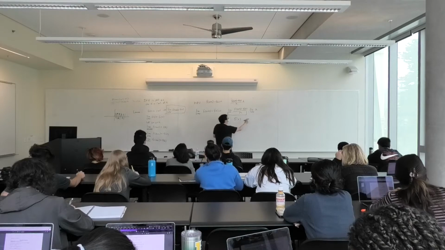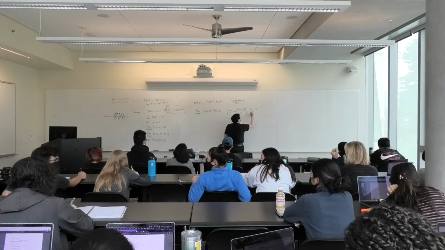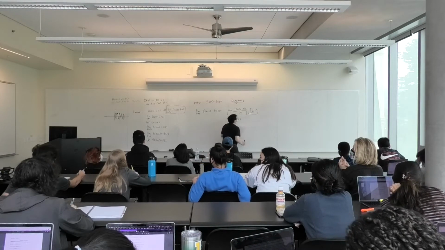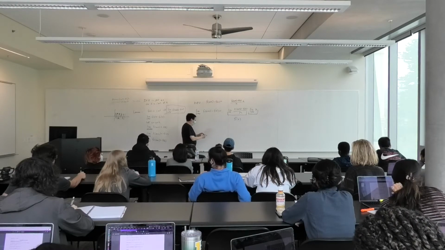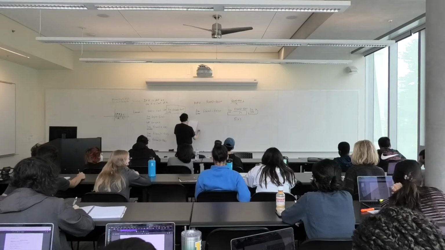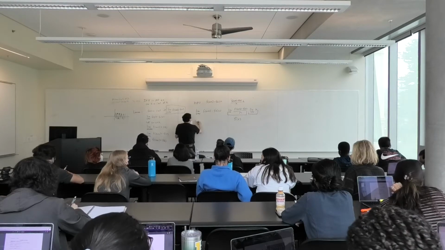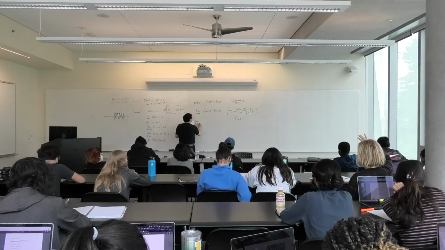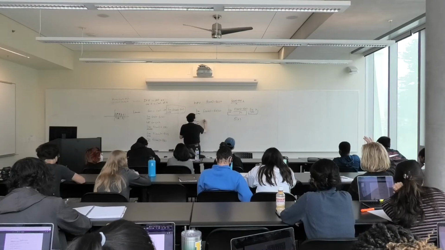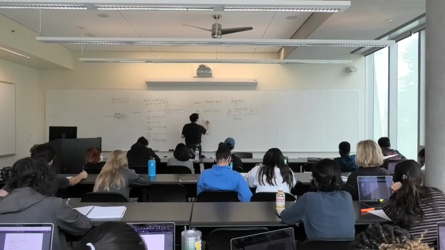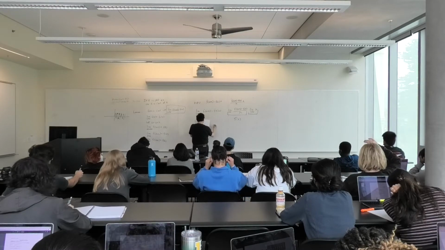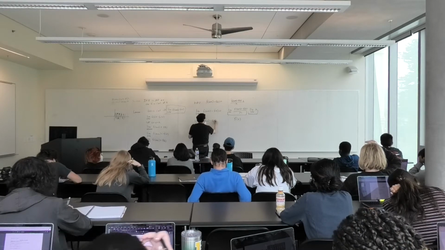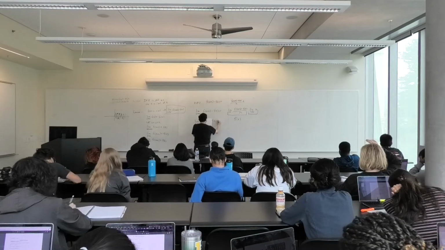Well, clearly this is 0, right? The limit as h approaches 0 is 0. So we have that the limit as h approaches 0 of f of x plus h minus f of x equals 0.